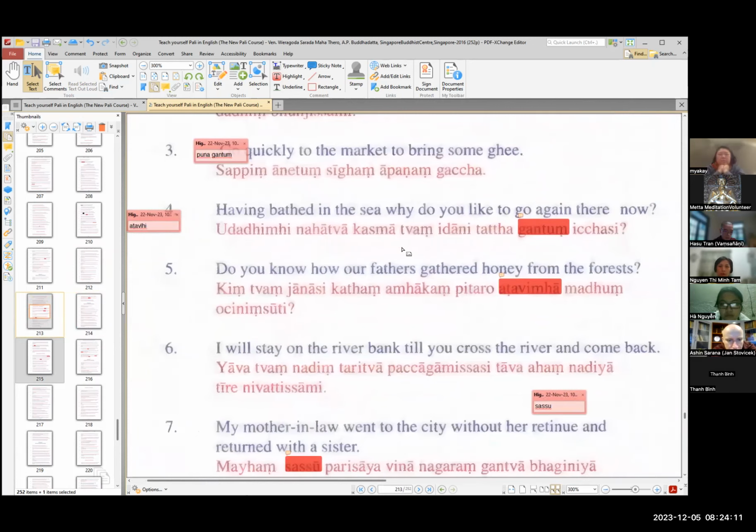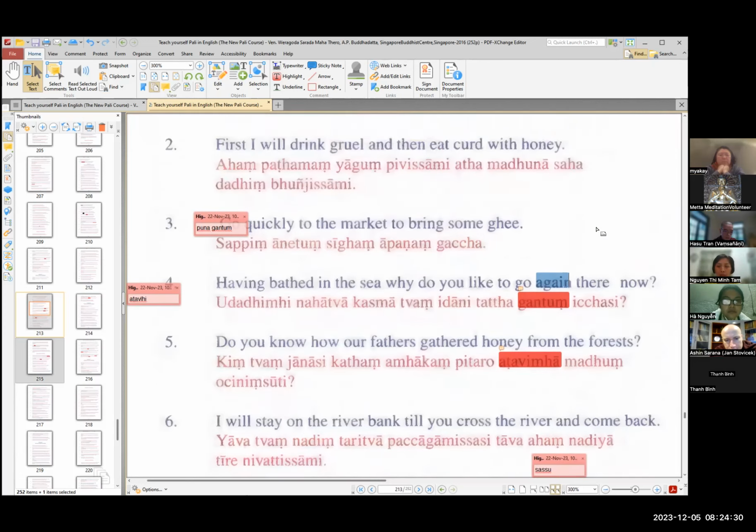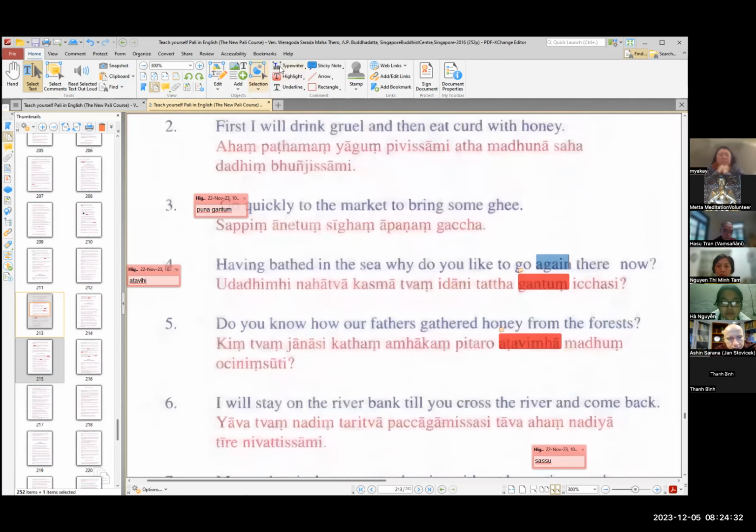Again, there. It should definitely be at least in brackets. It's a way how you would probably say it in English.